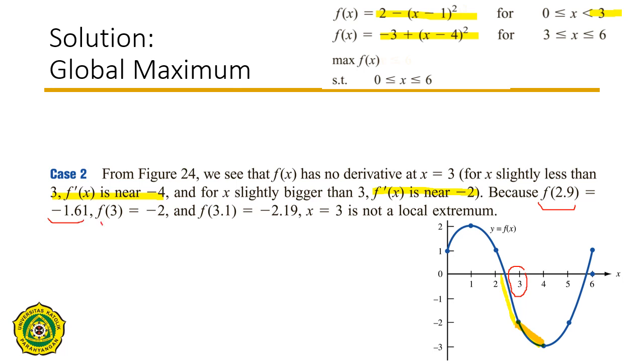At 3 itself, the value is -2. And at 3.1, the function value is -2.19. So either before or after that, there is always a point that is better, meaning either greater or smaller. So x equals 3 cannot be any local extremum. It is not a local minimum, and it is not a local maximum.